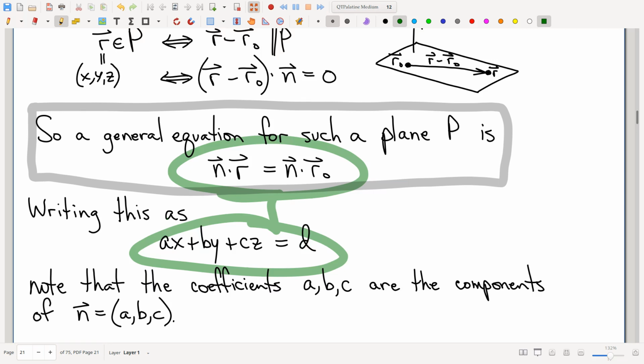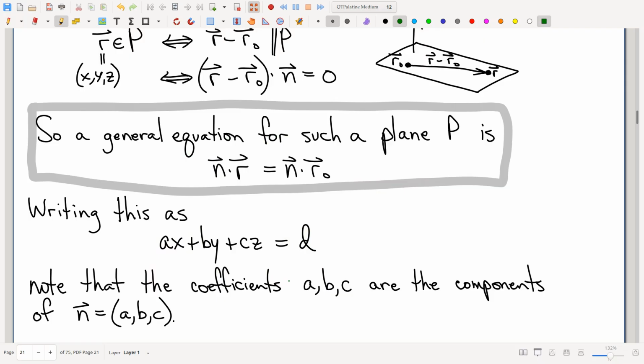And what I like about this form is that it is explicitly showing how the defining characteristics of the plane, N and R naught, show up. There's ideas visible in this form of the equation. And here they've kind of disappeared in having multiplied it all out. Okay. For your consideration.